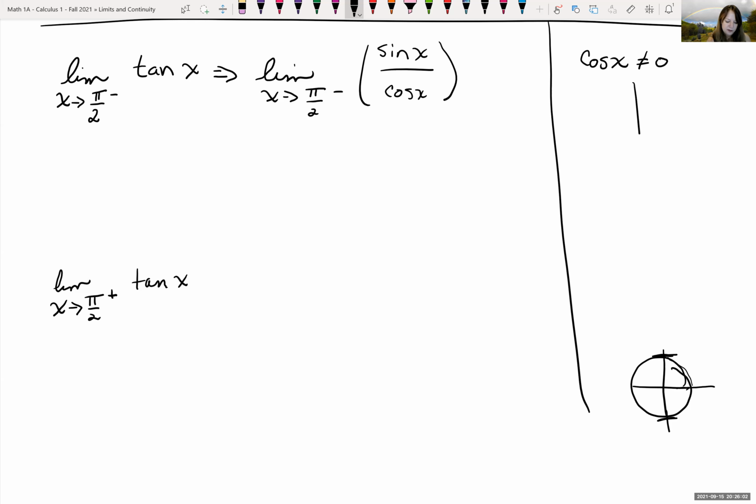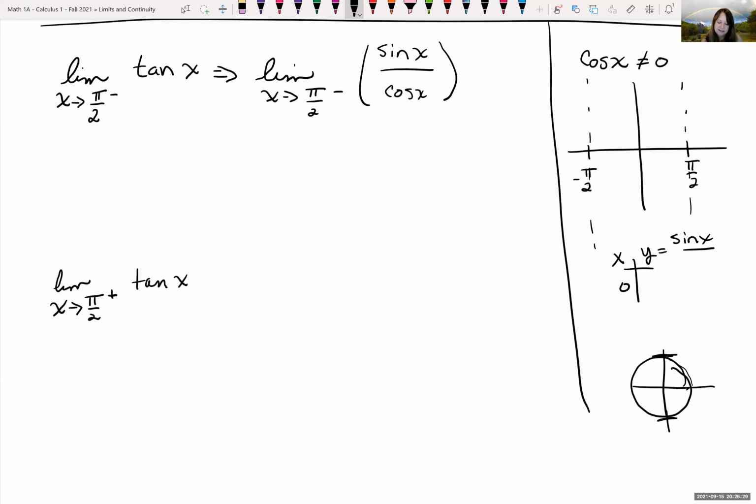If you don't remember, you can plot a couple of important points that would show you what you get. If we plugged in 0 for x, and we're looking at sine x over cosine x, this would give us sine of 0 over cosine of 0, and that gives us back 0 over 1, which is 0.